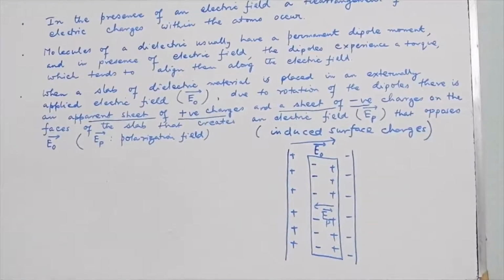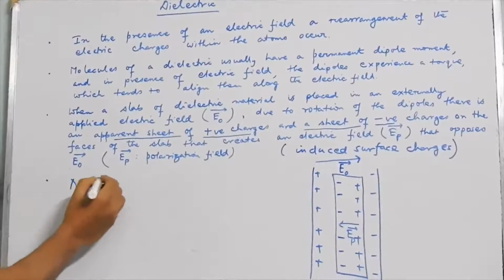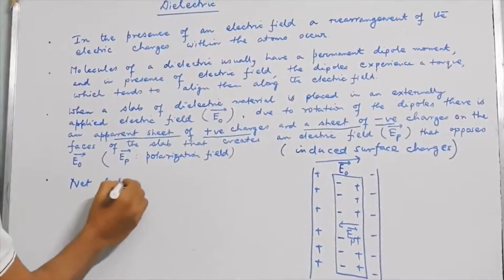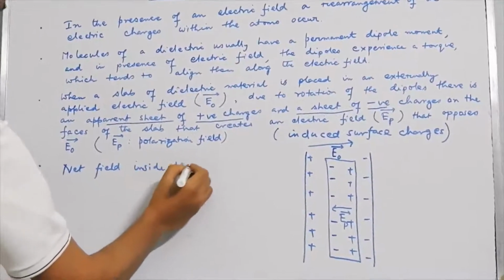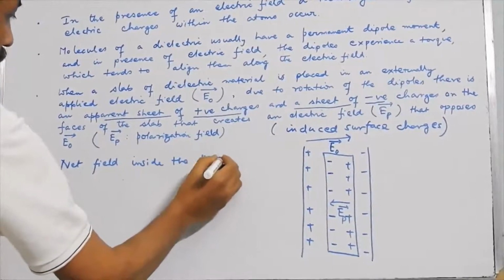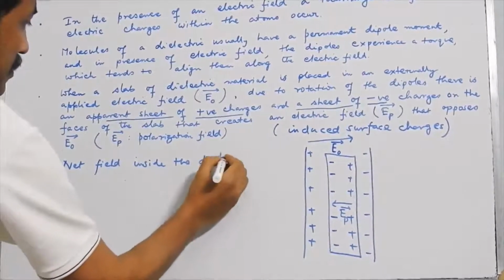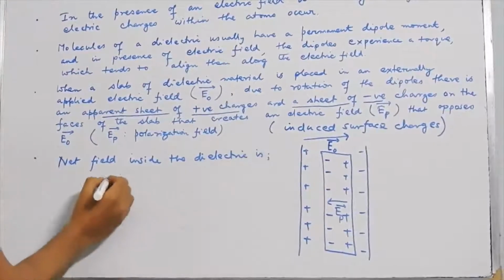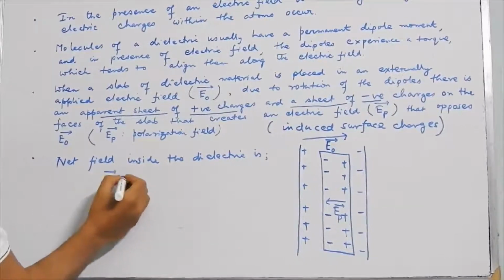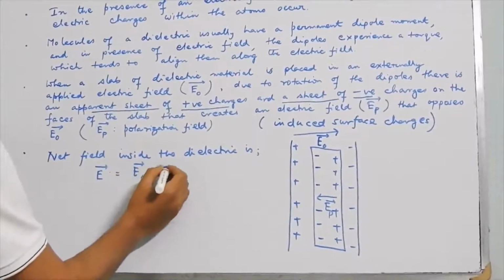So the net field inside the dielectric will now become E vector, which is the vector sum of both the fields E0 vector and EP vector.